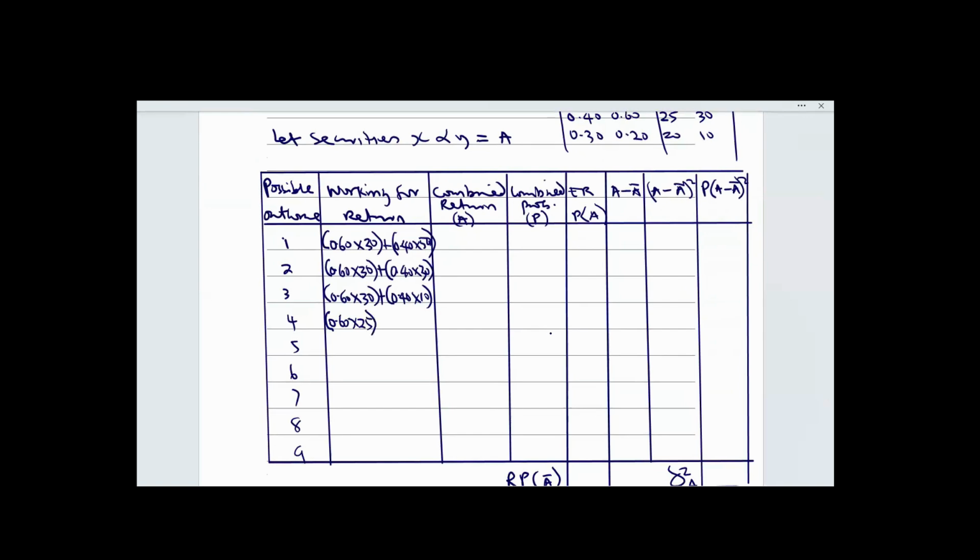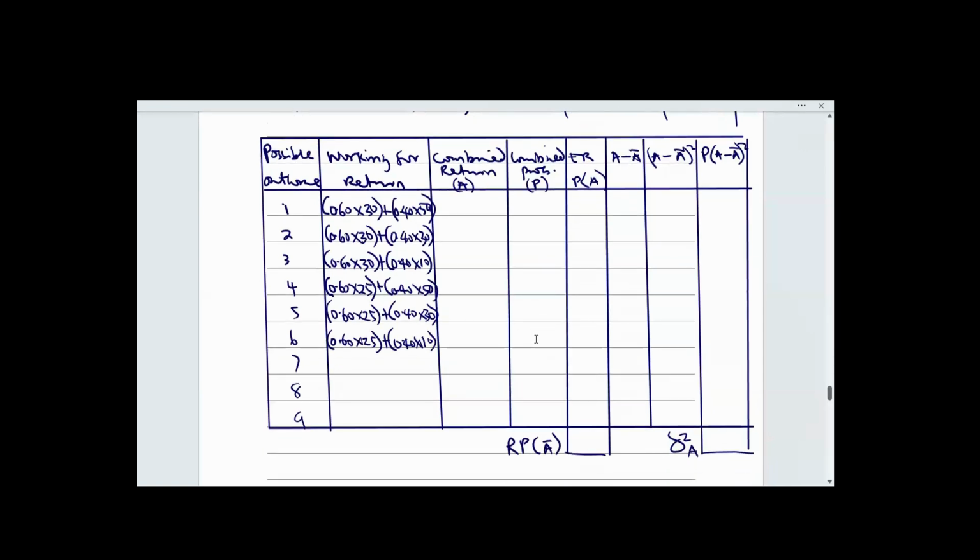That 25 will remain constant for the next three periods. So plus 0.40 multiplied by 50. Here will be 0.60 multiplied by 25 plus 0.40 multiplied by 30. 0.60 multiplied by 25 plus 0.40 multiplied by 10. We are done with the second option.